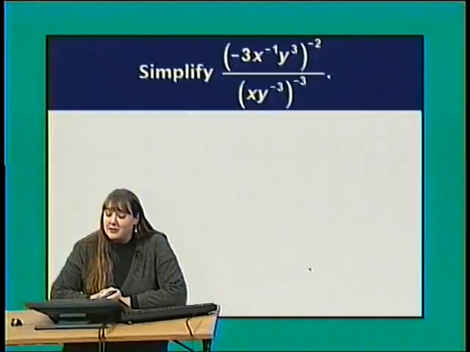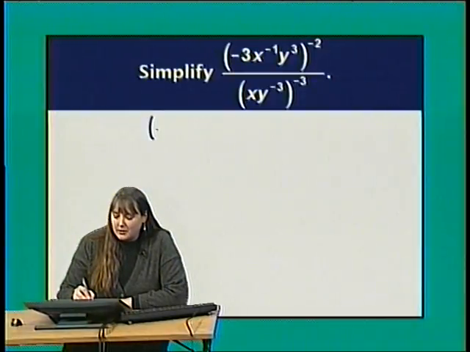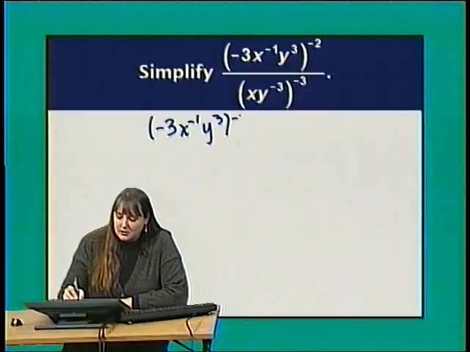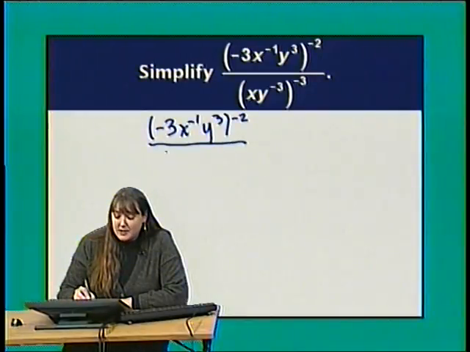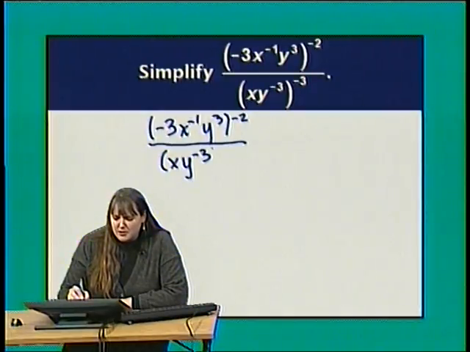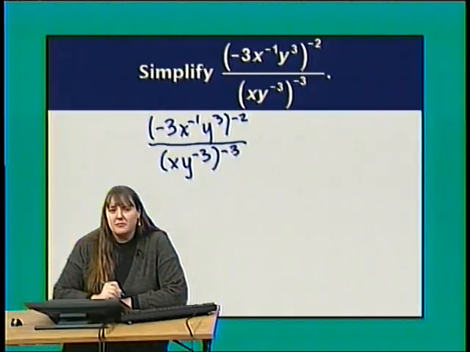Now let's simplify negative 3x to the negative 1, y cubed, all raised to the negative 2 power, over xy to the negative 3, all raised to the negative 3 power. This time I have different exponents on the bases in the numerator and denominator. So I'm going to attack this problem a little bit differently.